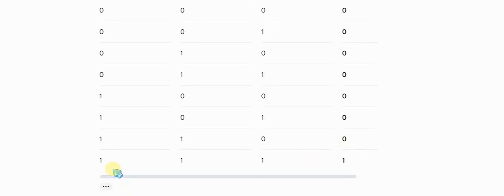In the last row they have said that if all three inputs, input A, input B, input C, are in a positive, means high state, then only the answer will be in the high state. So this all combination you can check, and you can see how the truth table has also increased.